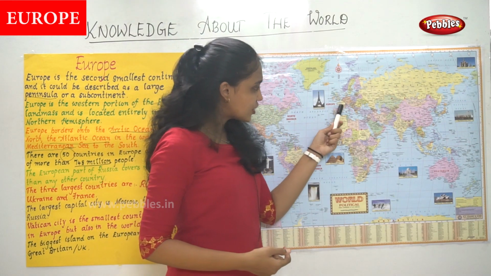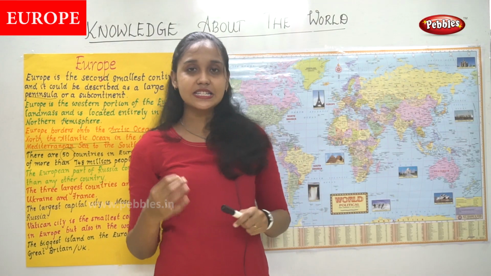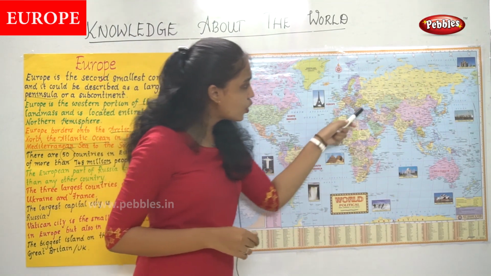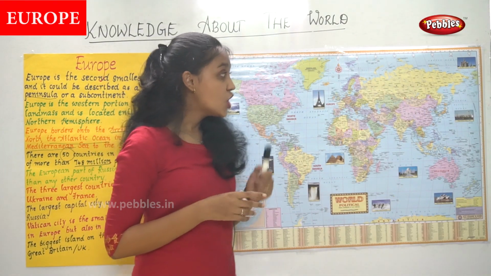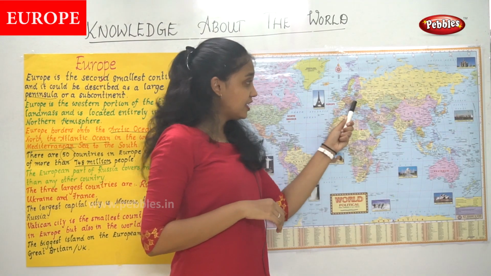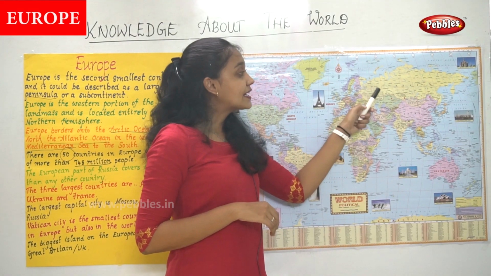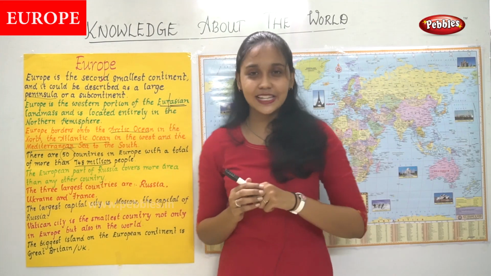So all these different shades, right? Each of those shades is one country. All these countries are small by land mass. So if there's even 1/3 of Russia here, that is going to look quite large compared to the rest of the countries. So that is what they mean here.